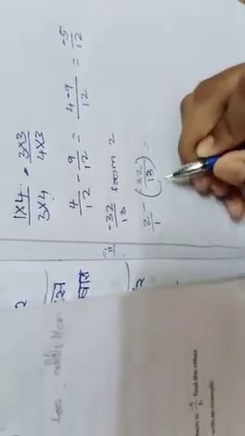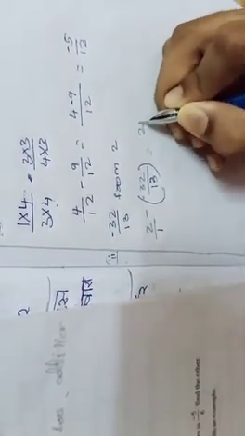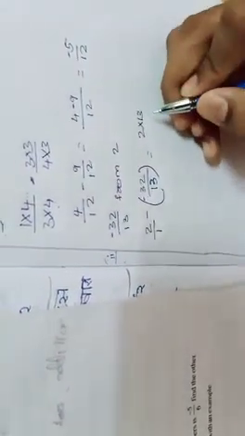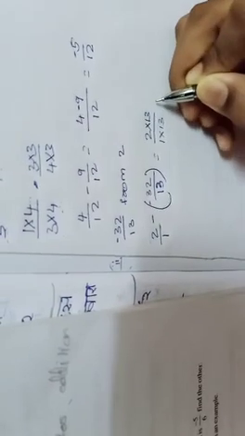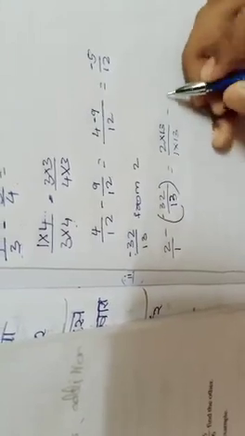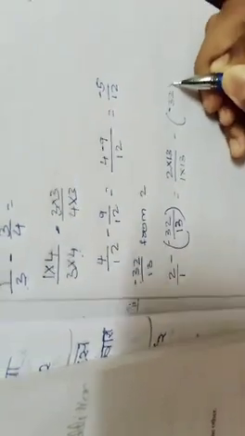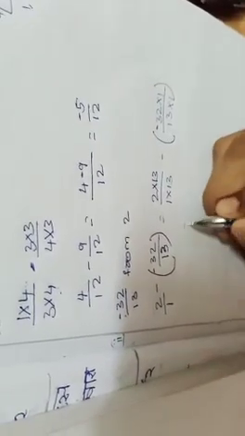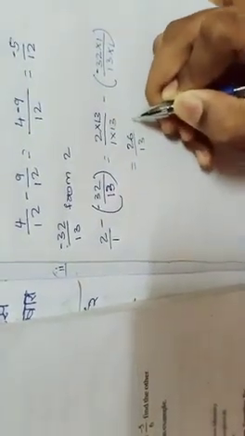We can see that the denominators are not equal, so 2 into 13. There is no use of doing LCM here because 1 into 13 equal to 13. So 2 into 13 by 1 into 13 minus of minus 32 by 13. Next, 13 twos are 26 and 1 into 13 equal to 13.